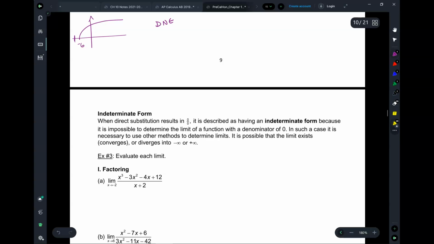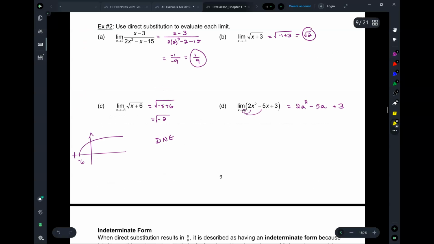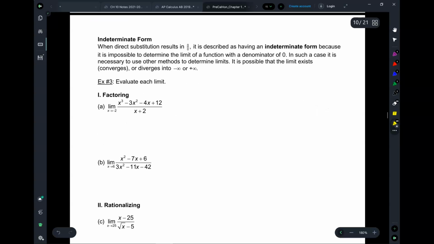Indeterminate form. Now, as a certain someone said here, it's just too good to be true, right? As we can see in C, there's all sorts of possibilities when you plug a number into a function. You can get something that doesn't exist. You can also get things that might not necessarily give you direct information. We call that indeterminate form.